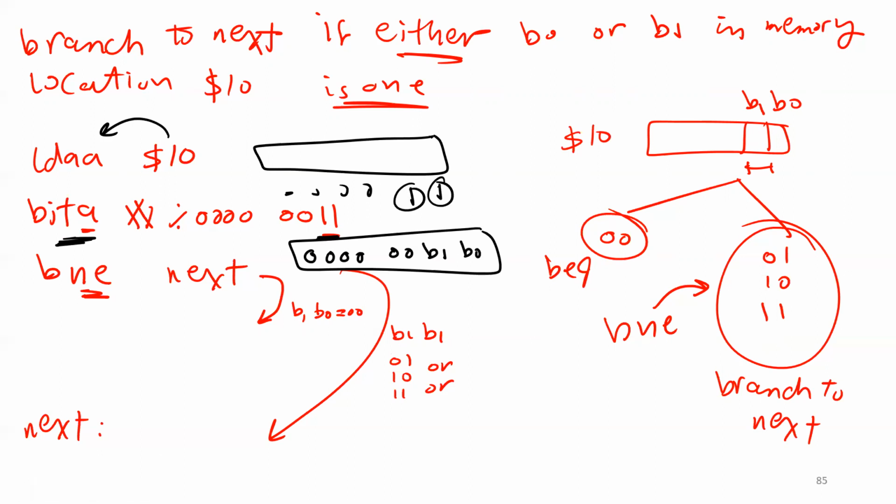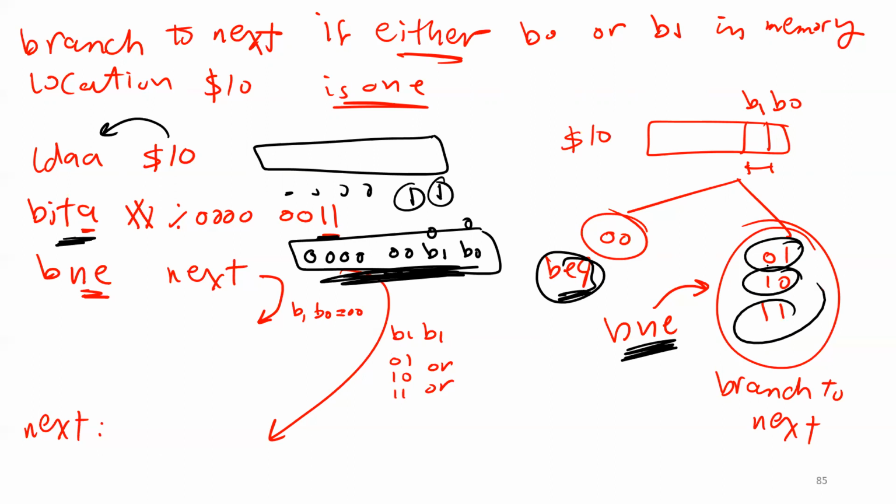Now, if I select branch if equal, so if this byte is equal to 0, that means there are 0,0 here, right? If I select branch if not equal, if this byte is not equal to 0, what does it mean? It means one of these cases, and that's exactly what I need in this problem. So that's what I did.